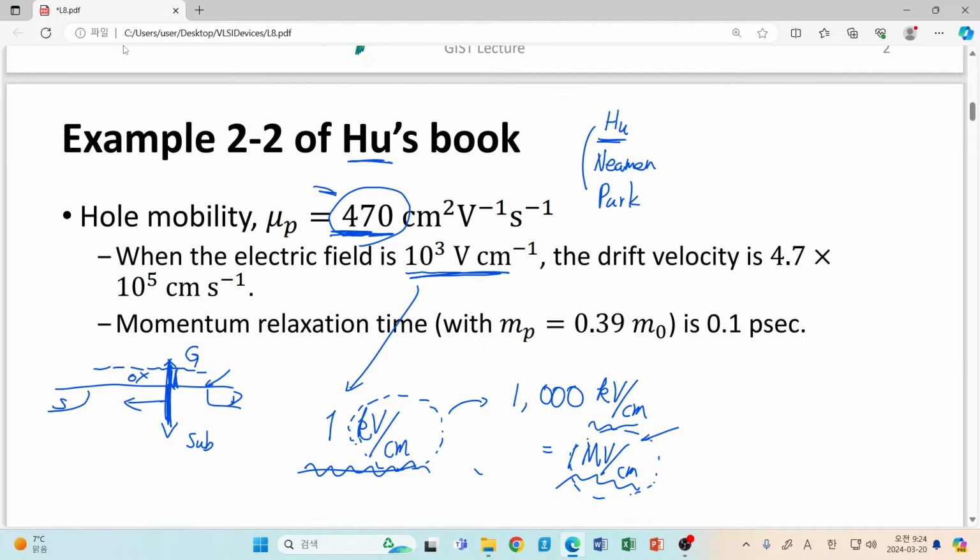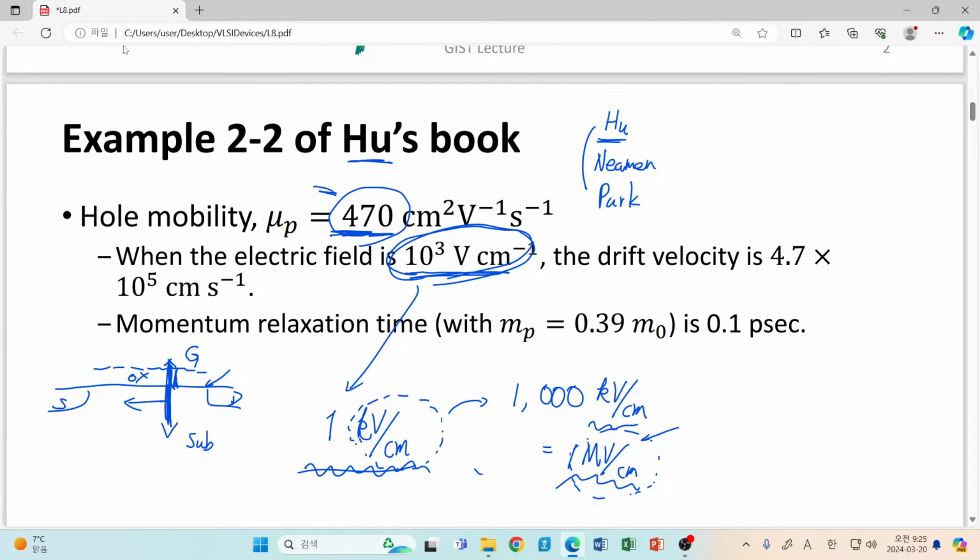Okay, so simply speaking, when silicon's carriers are accelerated by an electric field on the kilovolt per centimeter scale, it conducts.